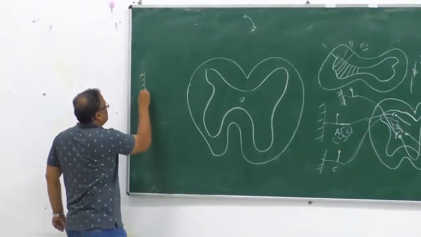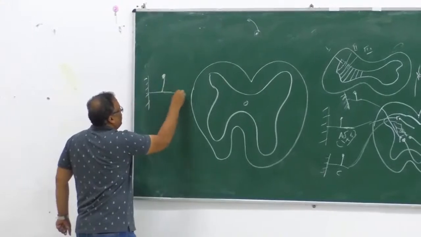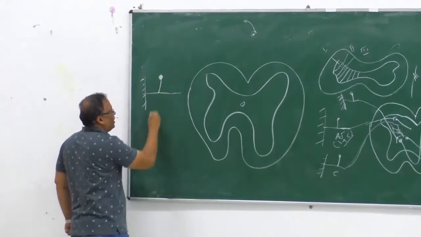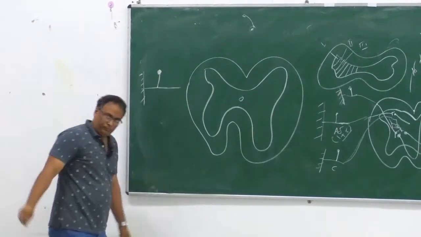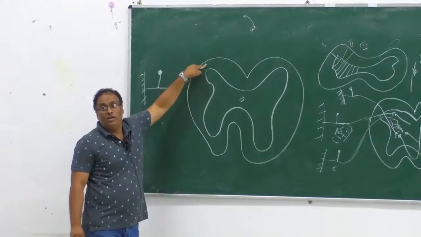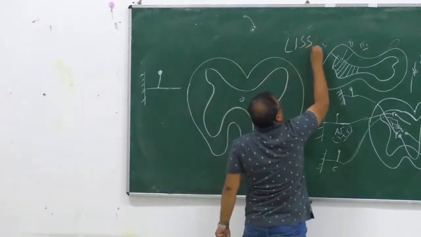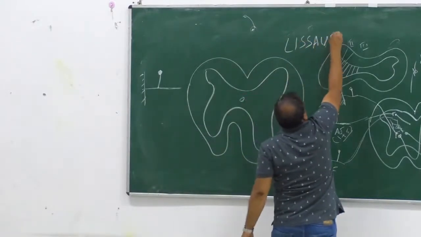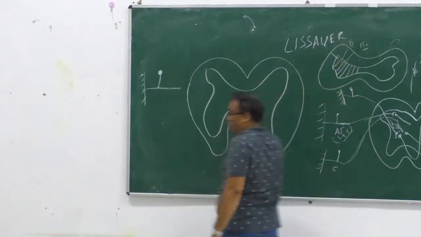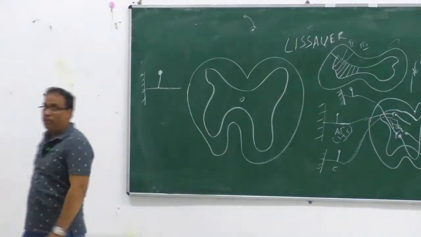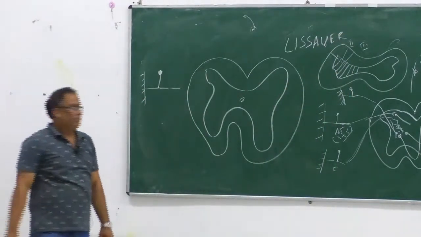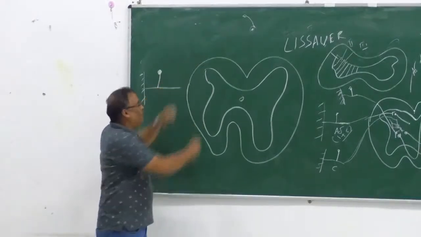Suppose this is a stimulus and this is a unipolar dorsal root ganglion, coming in. This area is called Lissauer's area, or Lissauer's column. Better to say column rather than area. This area.